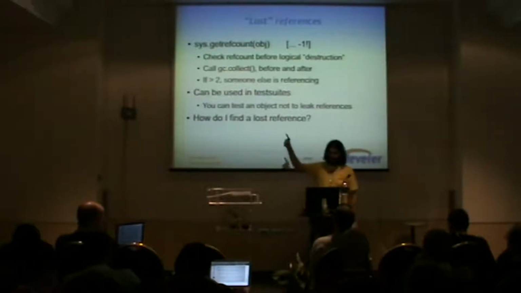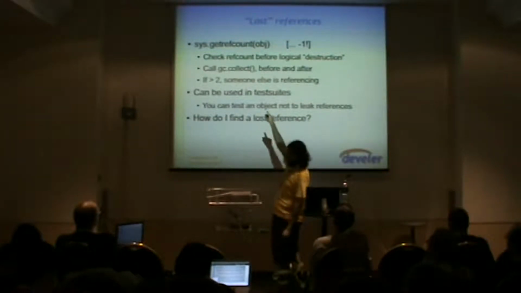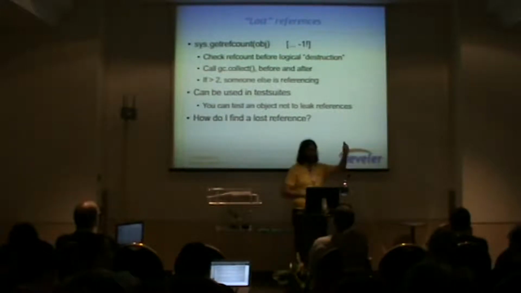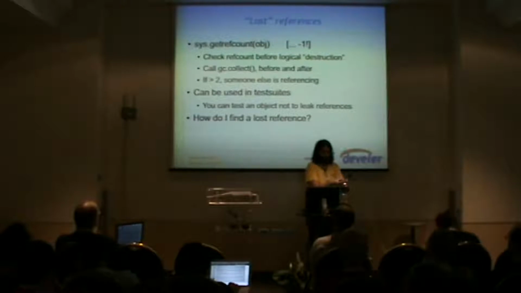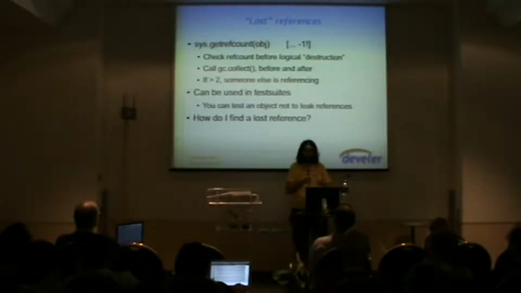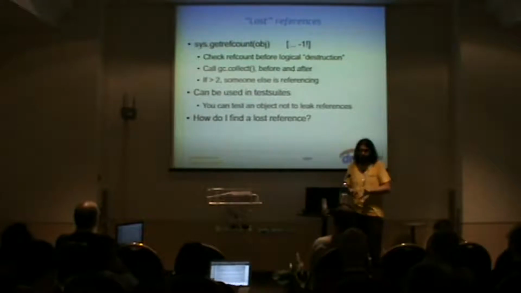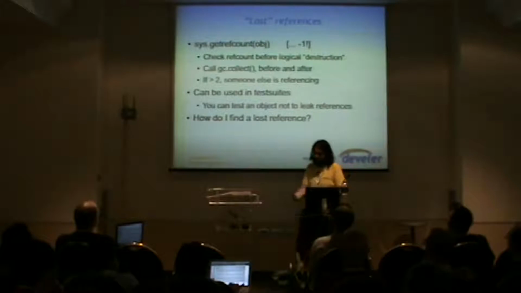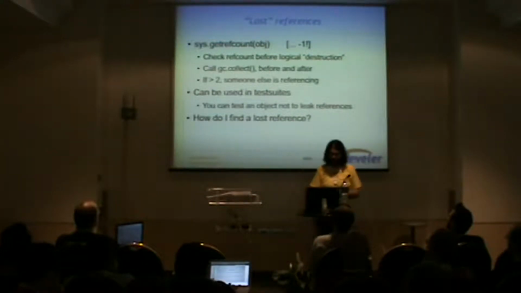Okay? You see the -1 I put. It's because when you enter that function with your code, you call the function execute. The function itself needs to get a reference to the object that you pass it. Okay, so there will always be one more reference returned by the function, because the function itself is holding a reference in the moment it counts them. So you need to decrease the count by 1 to get the number you need.